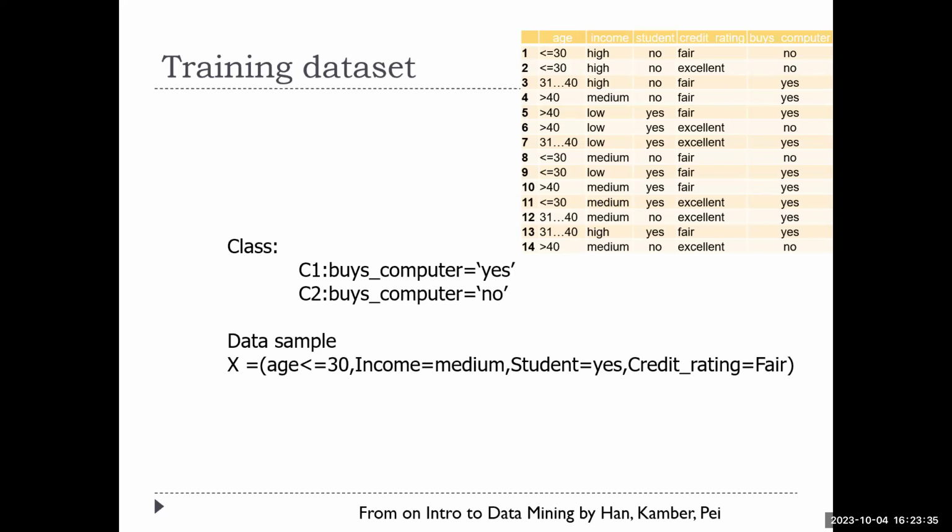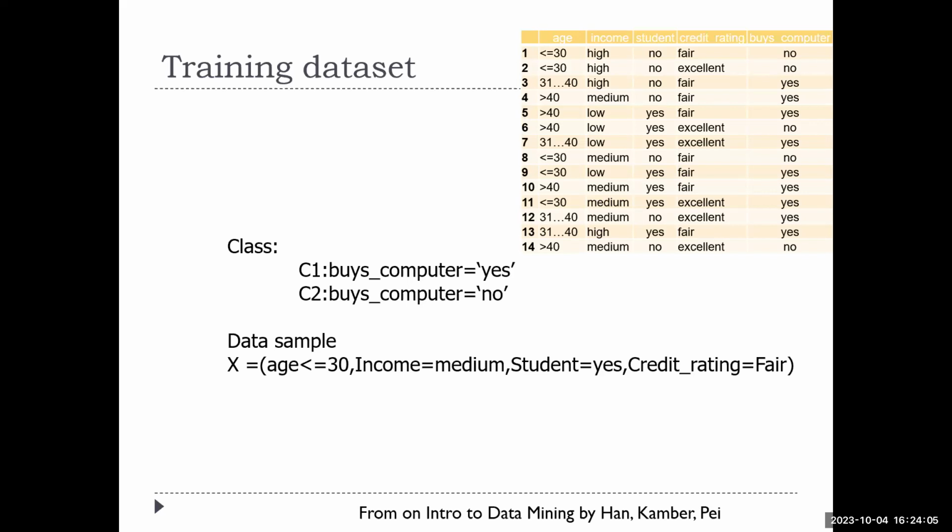C1 is buys computer yes. C2, class 2, is buys computer no. And I would like to analyze this data: age less than or equal to 30, income is medium, student is yes, credit rating is fair. Is this person likely to buy a computer or not? That's what we are going to compute. So I am repeating: we have a training set which has 4 attributes.